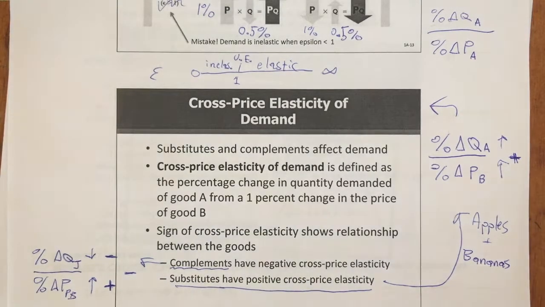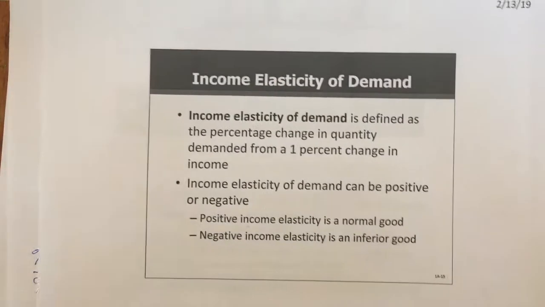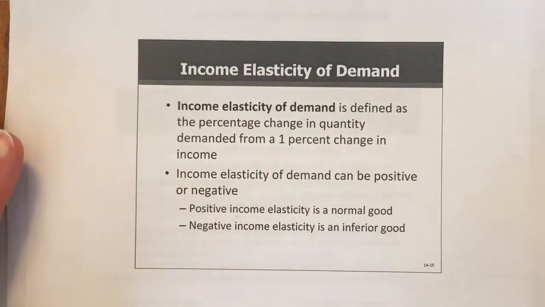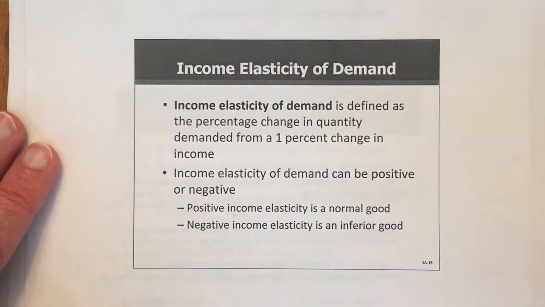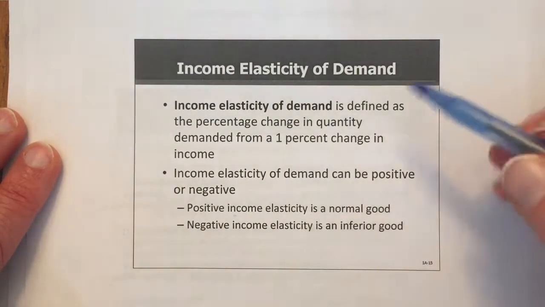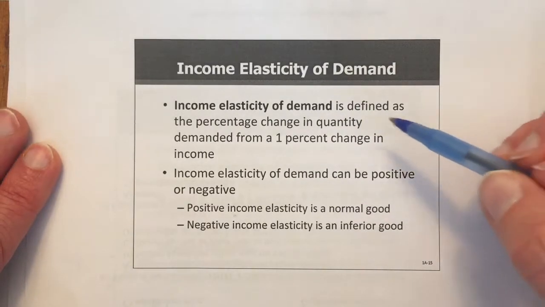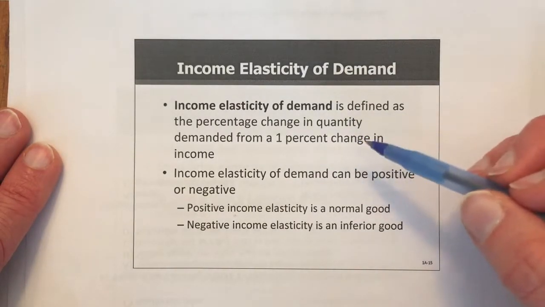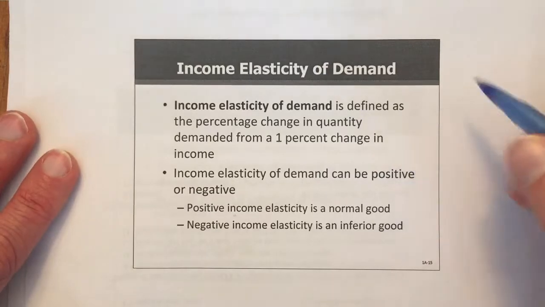And the last elasticity of demand we'll talk about is the income elasticity of demand. Income elasticity of demand is defined as the percent change in quantity demanded from a 1% change in income.